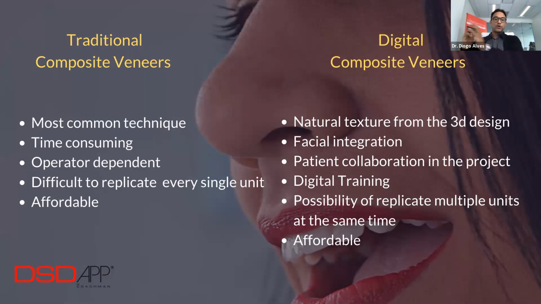So all you have to do is get an index and place it in the patient's mouth. Once you apply the composite, the buccal surface will already be ready for you. All you will have to do is polishing and finishing, which cuts a lot of time and makes it shorter.